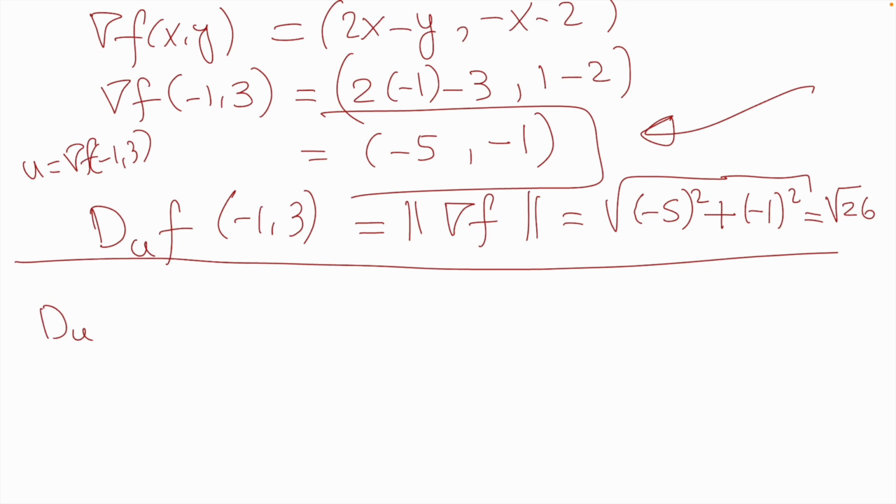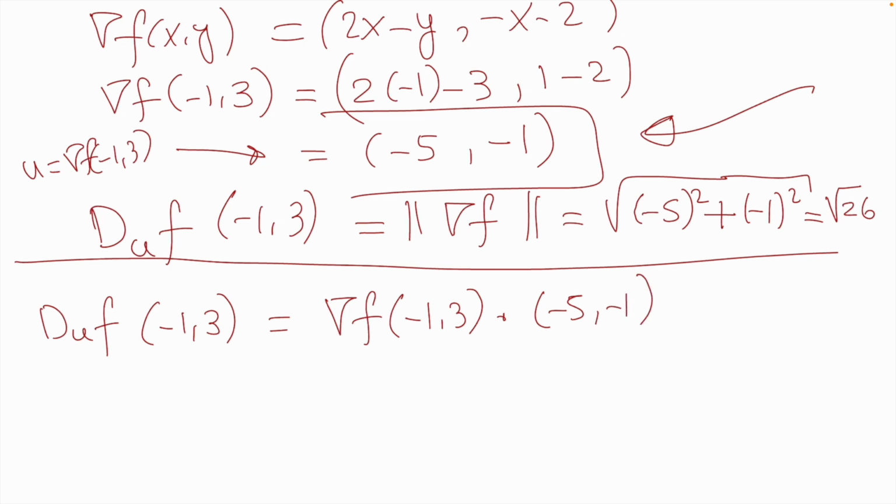The derivative in the direction of this vector (-5, -1), at the point (-1, 3), will be, according to the original formula, the gradient of f at (-1, 3) dot product this vector normalized, the vector (-5, -1) normalized.